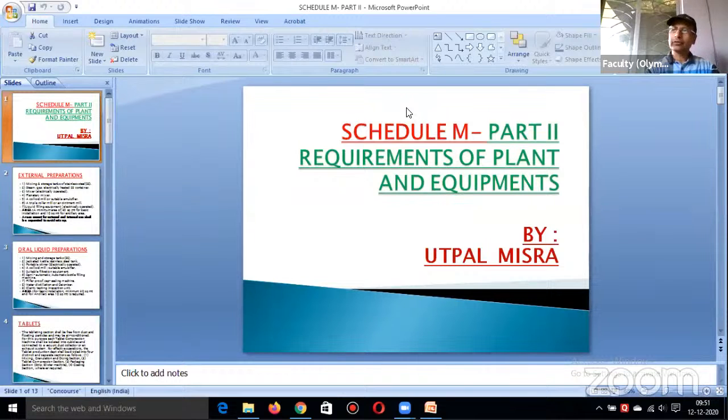For basic installation of tablet manufacturing, or, for example, oral liquid preparation in a factory premises, how much area you have to provide, and what are the necessary minimum equipments you have to provide for manufacturing of that particular dosage form. That has been described under part 2 of Schedule M. That we will discuss today.